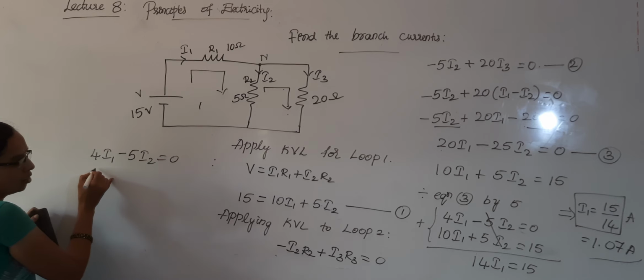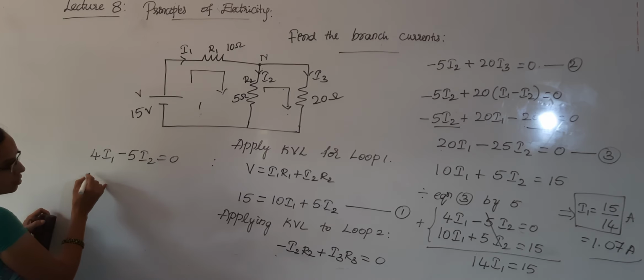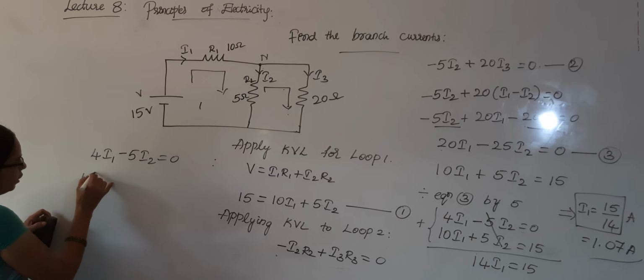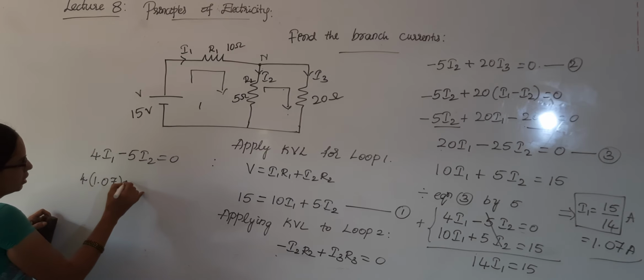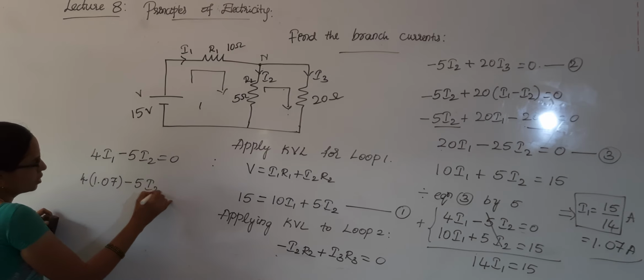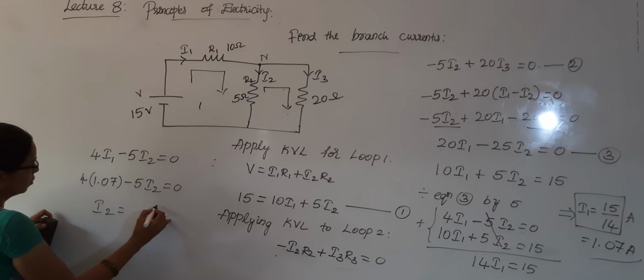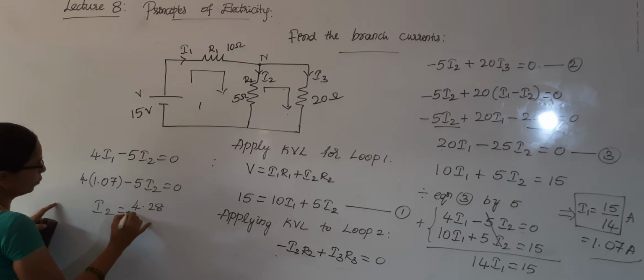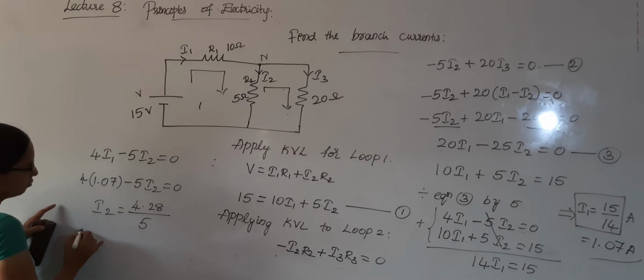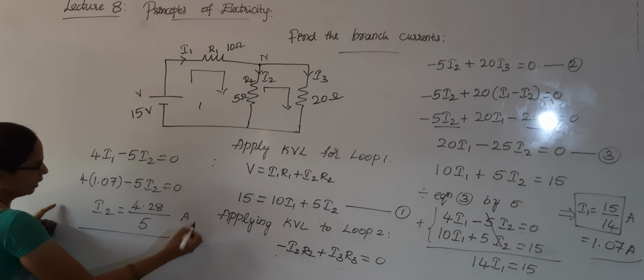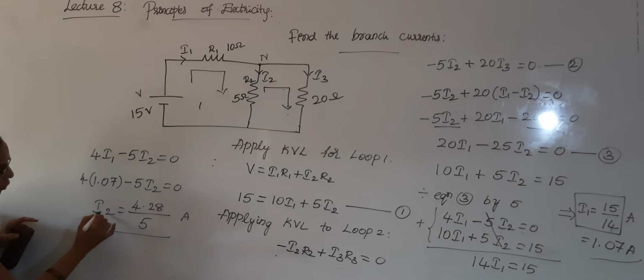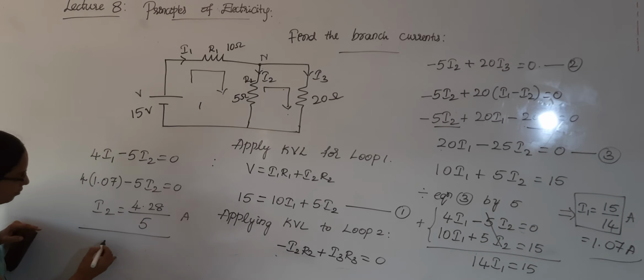You have got the value of I1, that is 4 into 1.07 minus 5 I2 is equal to 0. I2 is equal to 4.28 divided by 5. Calculate it and keep the value. Then you know I2 and also I1.